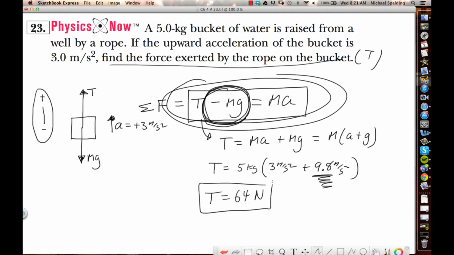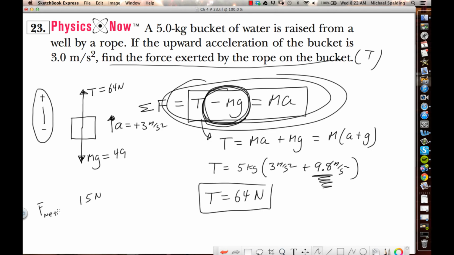What's the net force? This is the tension, right? We figured out that tension is 64. Mg is what? 5 times 9.8. That's 49. What is the net force on this bucket? 15 newtons.